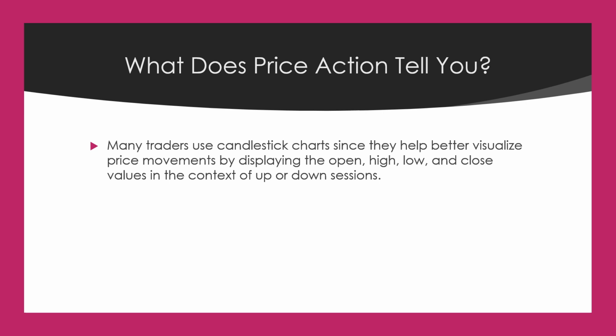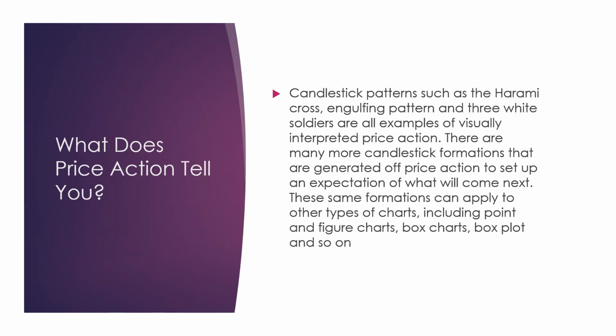Many traders use candlestick charts since they help better visualize price movement by displaying the open, the high, the low, and the close in the context of up and down sessions. Candlestick patterns such as harami cross, engulfing patterns, and three white soldiers are examples of visually interpreted patterns.